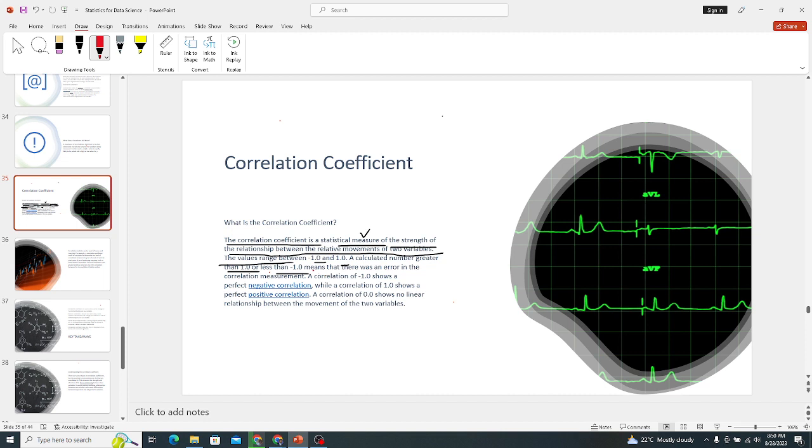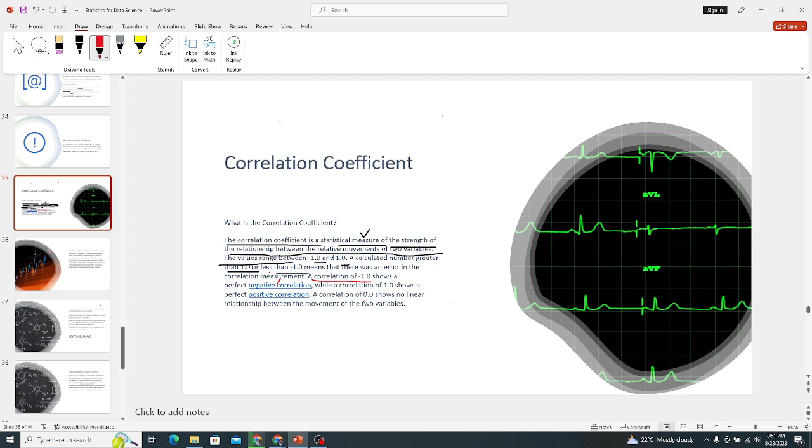Now, a correlation of -1 shows we have a perfect negative correlation, while a correlation of 1 shows a perfect positive correlation. If we get a correlation of 0, then we don't have any linear relationship between those two variables.